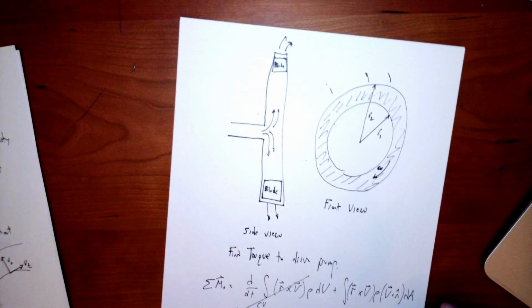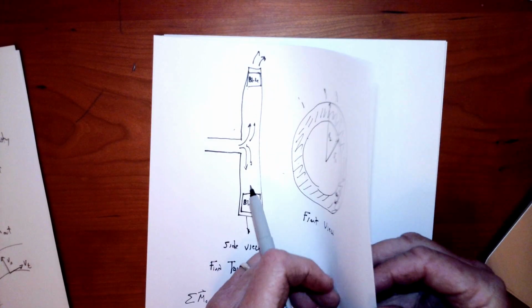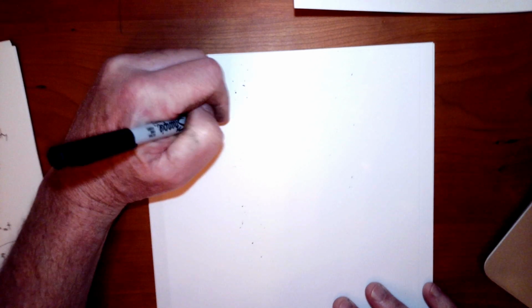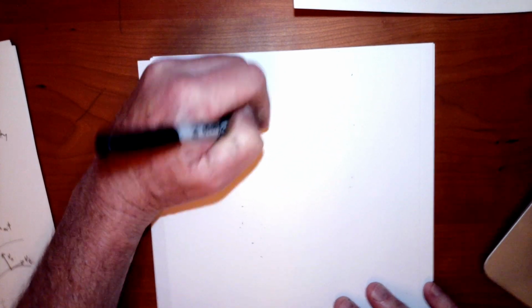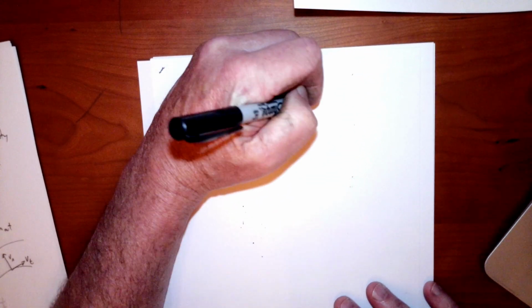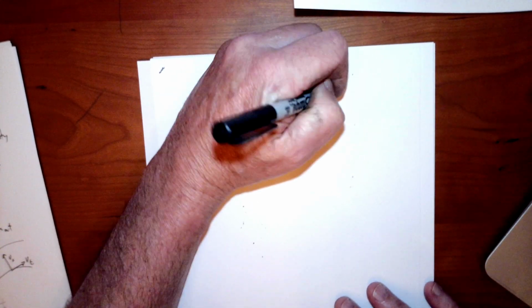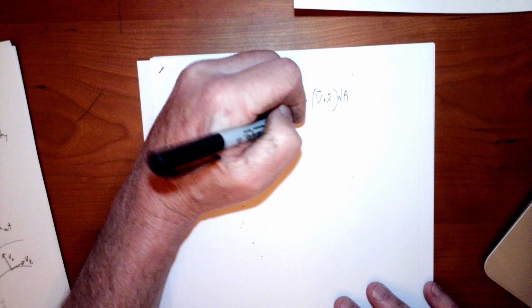So doing that, we're going to simplify the equation down to just that term. So we have the sum of the moments has to be equal to this change that happens to the fluid as it enters and leaves. So we have rho v dot n hat dA, and then we recognize this.